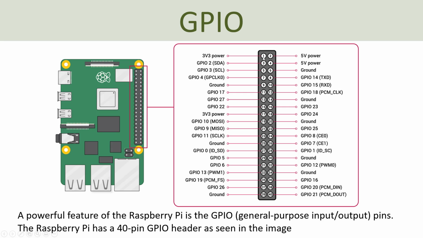As you see in this larger picture, it consists of 40 pins, where all these pins can be used to control LEDs, motors. We can read values from sensors, etc. So this is a quite powerful feature that you can only use on your Raspberry Pi device, because an ordinary computer doesn't have these general purpose input-output pins.